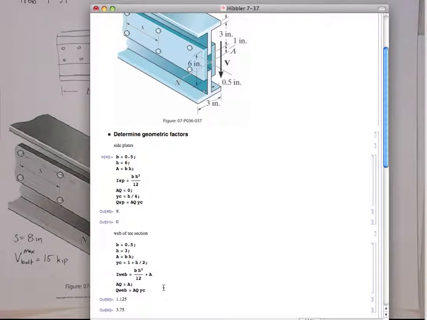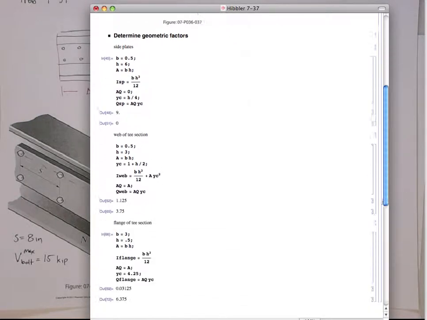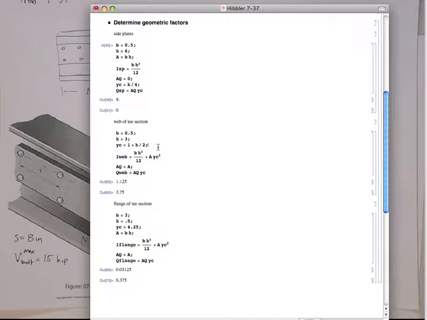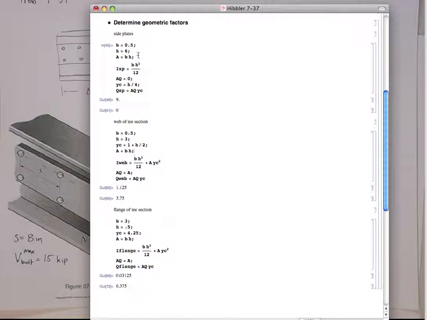This is going to be the YC squared. Right, so that does the parallel axis shift. We can do the same down here, because the flange also has to be shifted by parallel axis, but we have to make sure we get the right centroidal distance, okay? Actually, I should probably rearrange these. Put all the input stuff up first, and then the automated calculations go afterwards. That's always a decent way to consider doing it.